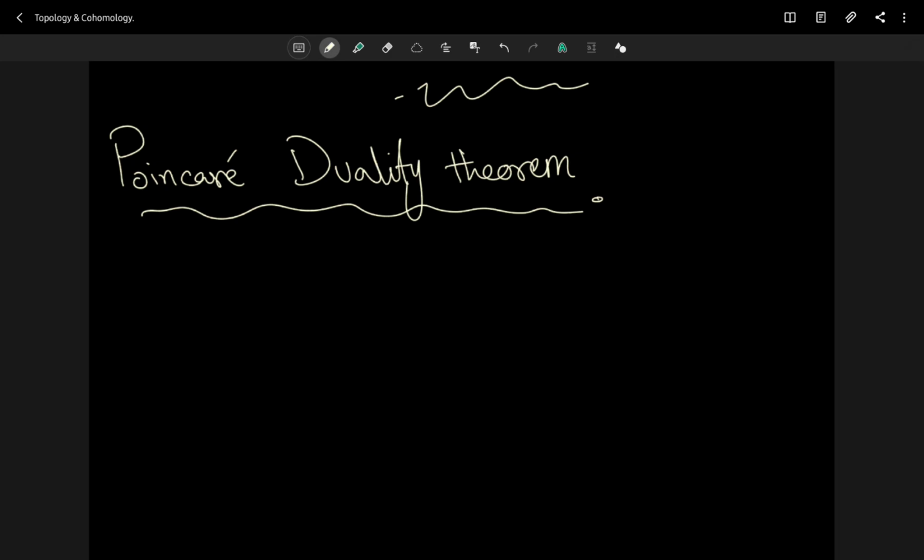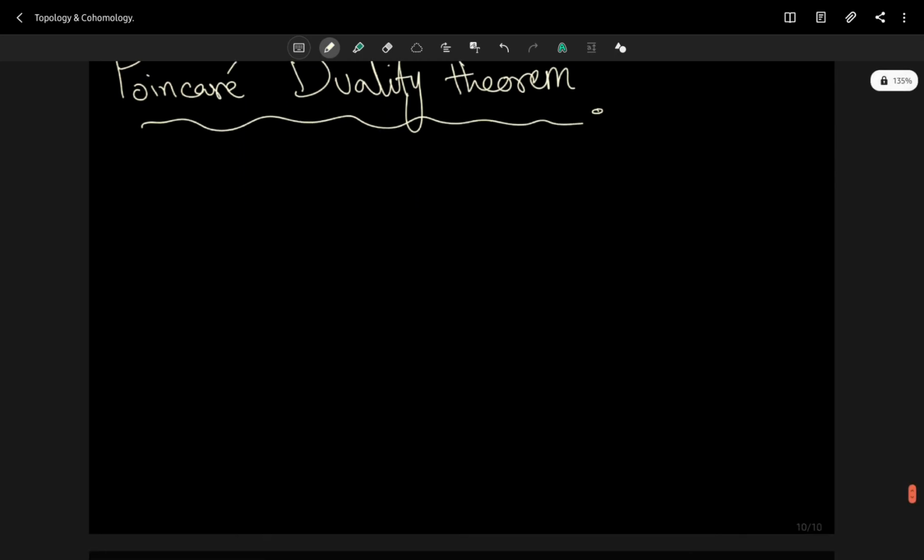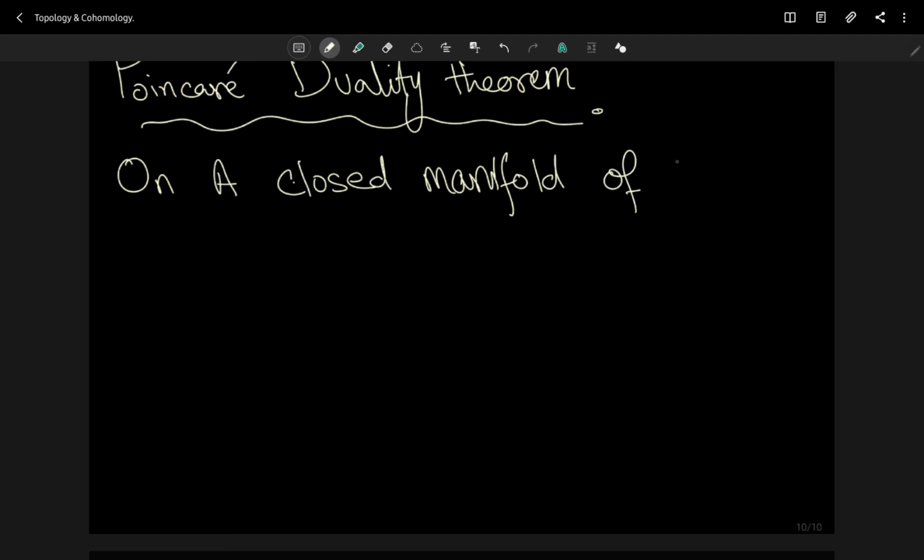One of the results of all of this is Poincare's duality theorem, which states, I'll just write it down, that on a closed manifold of d dimensions, MD, we would have BP of MD equal to B(d minus p) of MD, and I'll just tell you what BP is.